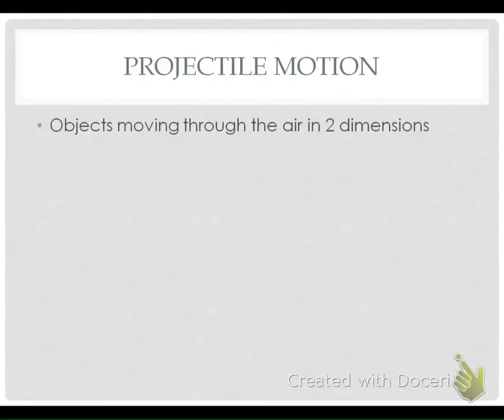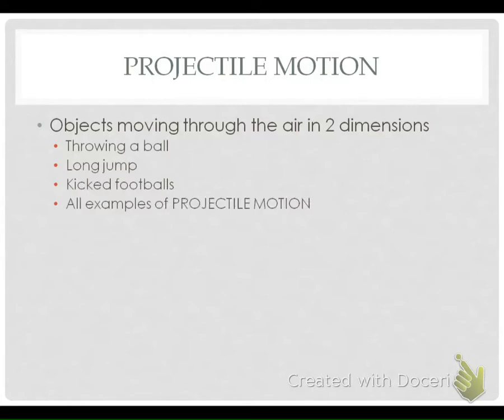So we're going to start talking about projectile motion and what it is, where we see it. Projectile motion means objects flying through the air in 2 dimensions. These are some examples of projectiles. When we say flying through the air in 2 dimensions, we mean they are moving both vertically and horizontally.